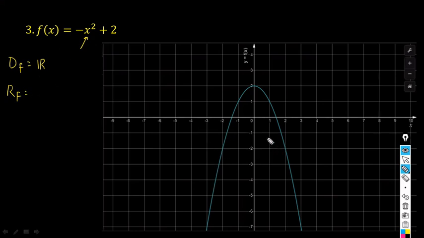And what numbers in the y-axis are being swept by the graph of the function? Clearly not this one, because I could not find any input in here such that when I evaluate it in the function, it gives me that output. There is no such input. All right.